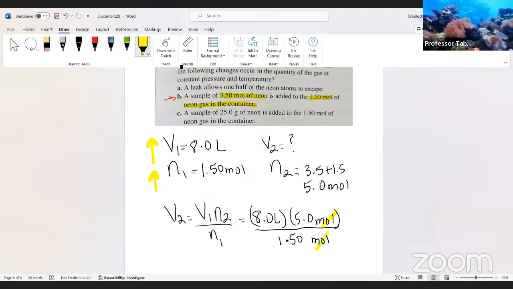And let's plug this into our calculator to see if we got it right. You've got 8.0 times 5, which is 40. Divide that by 1.5, and you get 26.7. But since we only need 2 significant digits, our answer is 27. So our V2 is 27 liters, okay? And as you can see here, to go to 27 means that our volume did increase.